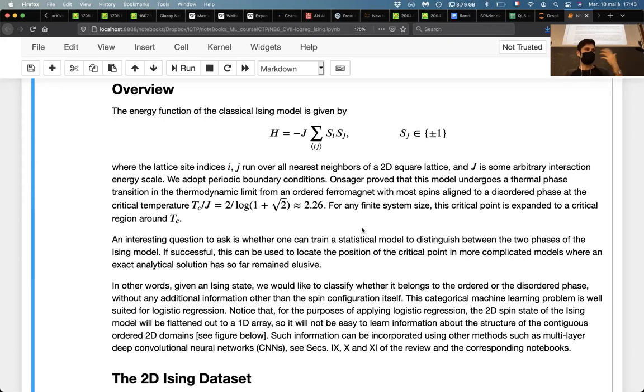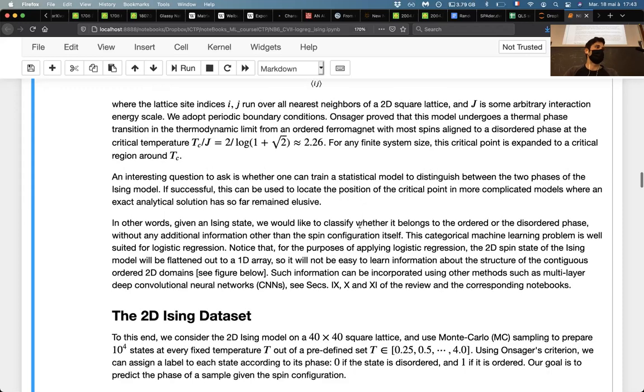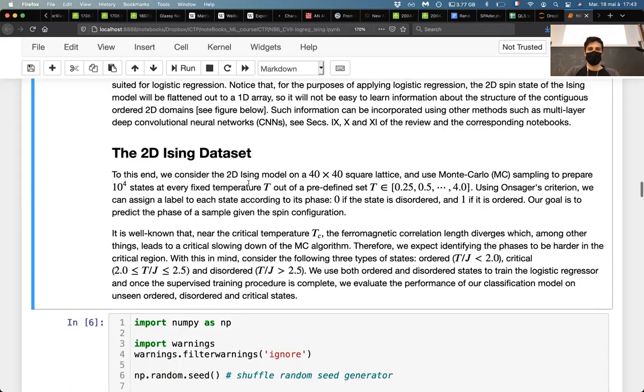Okay. So we want to train a logistic regression able to classify these configurations in the sense of ordered versus disordered. We have two states, okay? So by Monte Carlo, we will sample many configurations, like 10 to the 4, 10,000 configurations from this Ising model at different temperatures, okay?